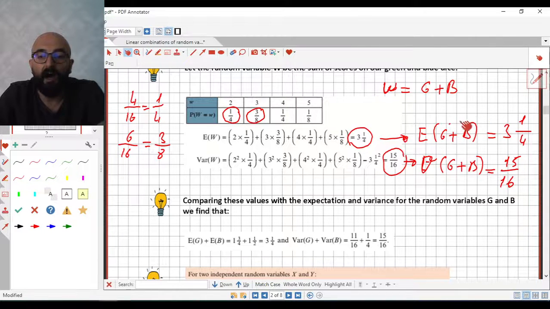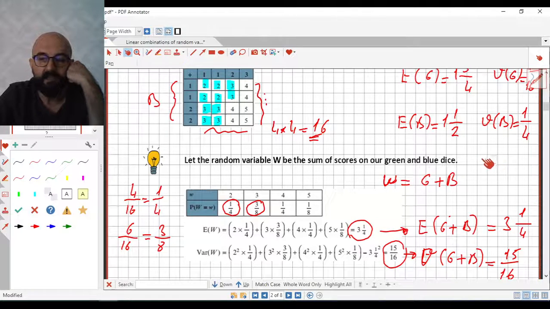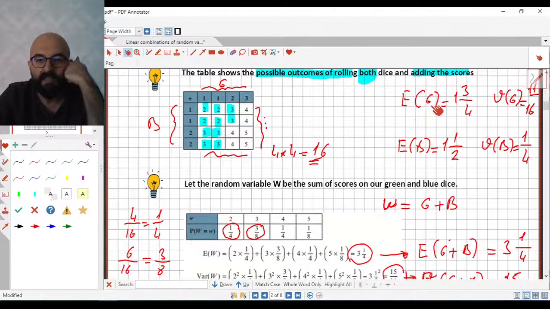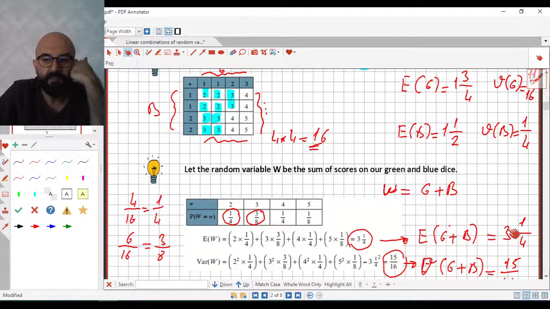And I want you to compare the expected value of G and the expected value of B, then the expected value of G plus B.